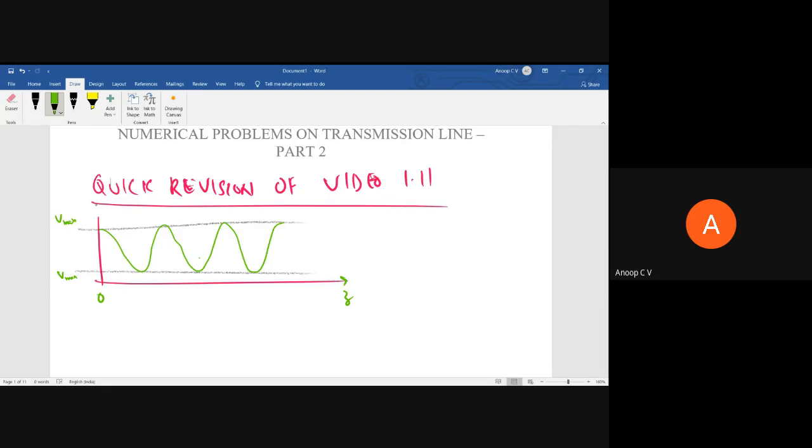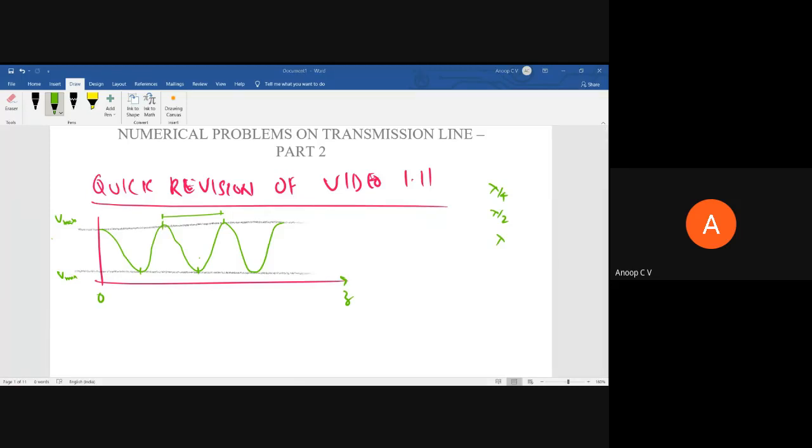And Vmax we know will be equal to, okay, this is how we'll get it. We know the maxima or minima of this pattern repeat every, I'll give you options: every lambda by 4, every lambda by 2, or every lambda.